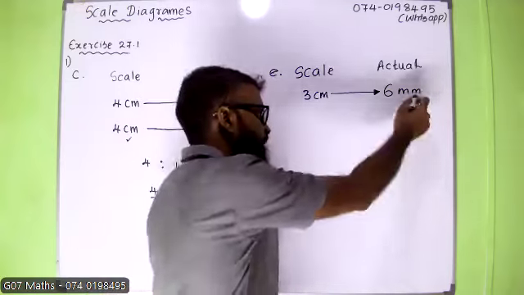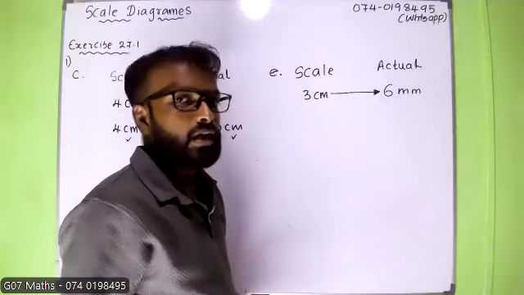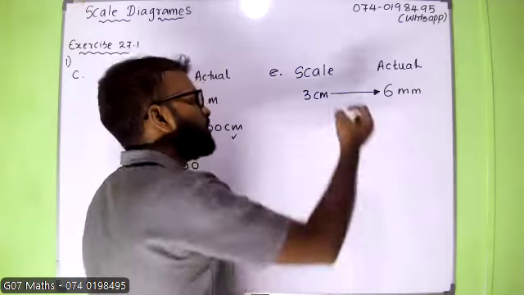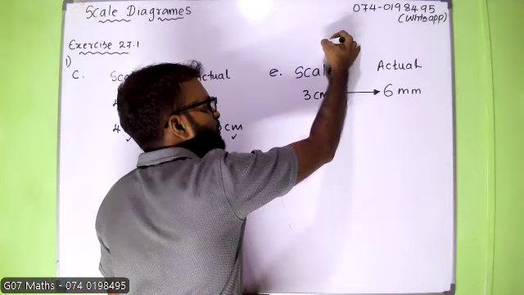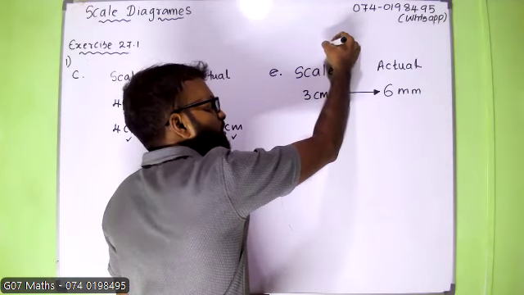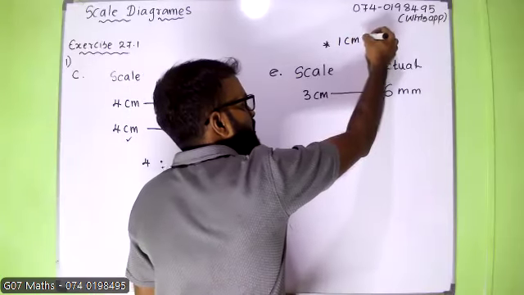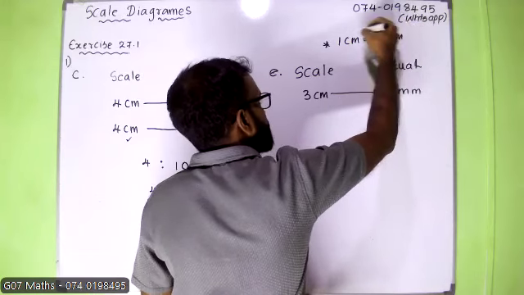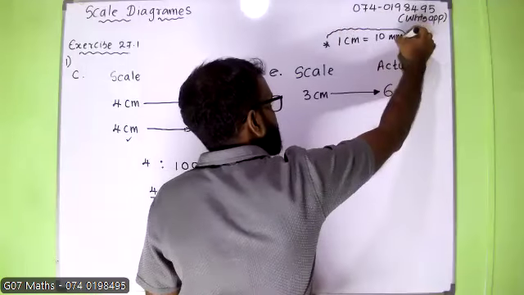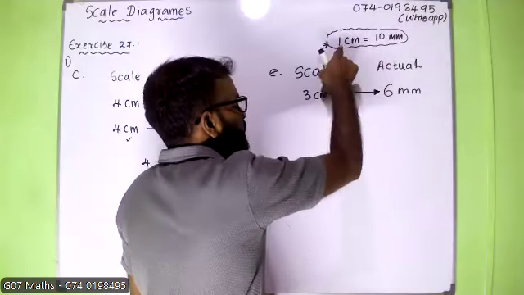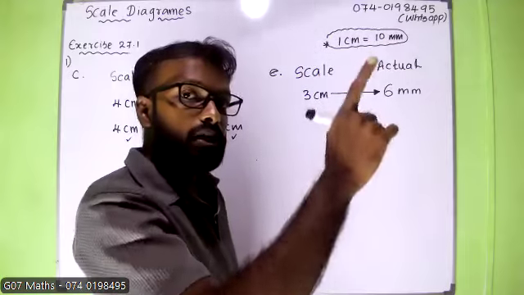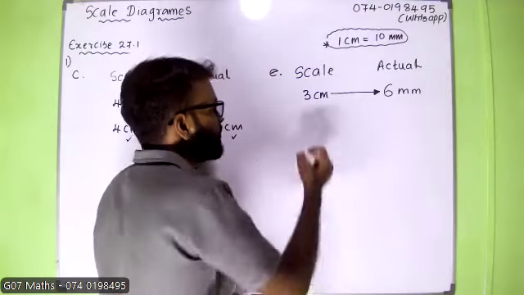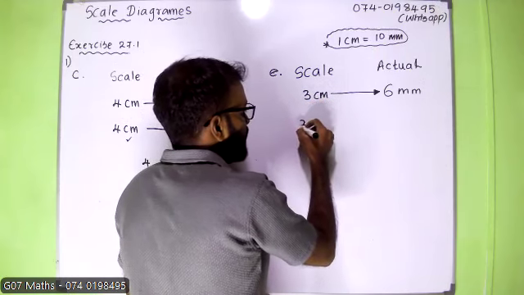Centimeter is the big one. What is the relationship between centimeter and millimeter? If I refresh your knowledge, 1 centimeter equals how many millimeters? 10 millimeters. Yes. 1 centimeter equals 10 millimeters. So if 1 centimeter equals 10 millimeters, then 3 centimeters equals how many millimeters? 30 millimeters.